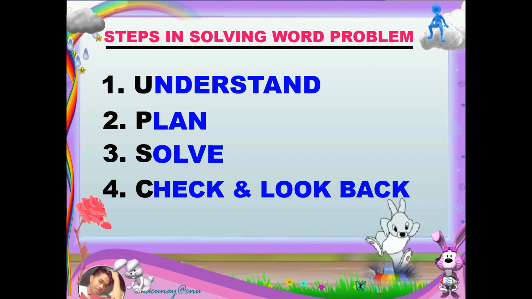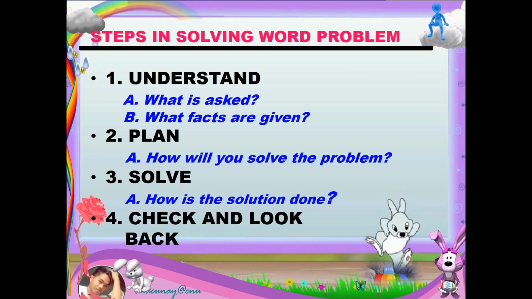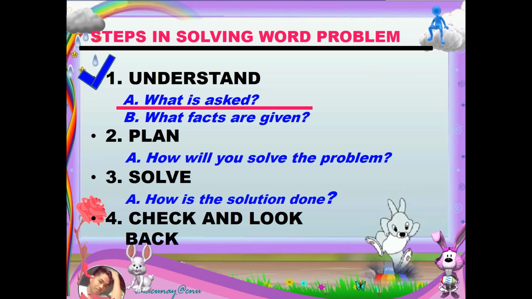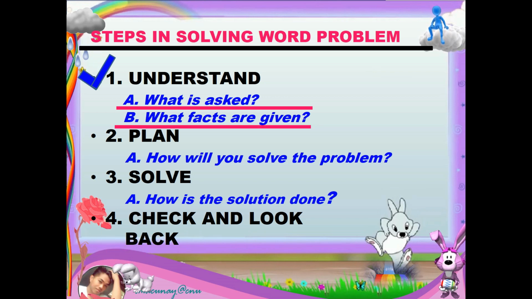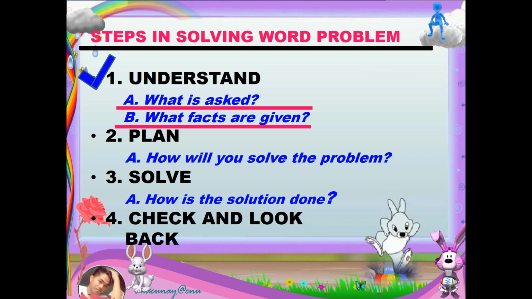To be able to understand the problem better, start with answering what is asked. Again, we can find this at the very last sentence. Then identify the given facts. Look for numbers in the problem. Include the entire phrase to be more accurate.